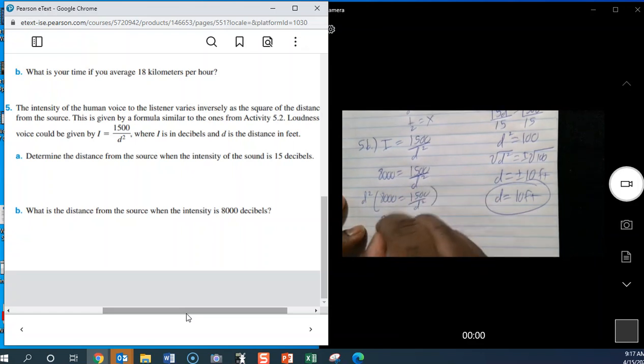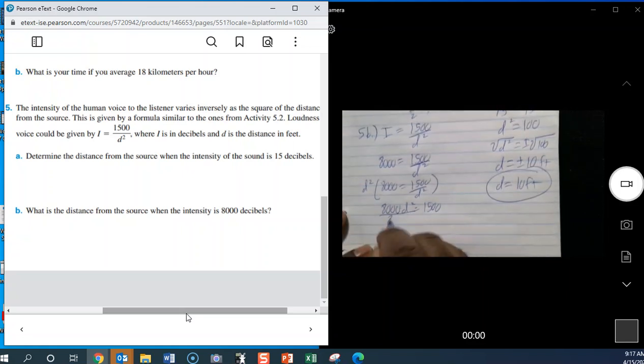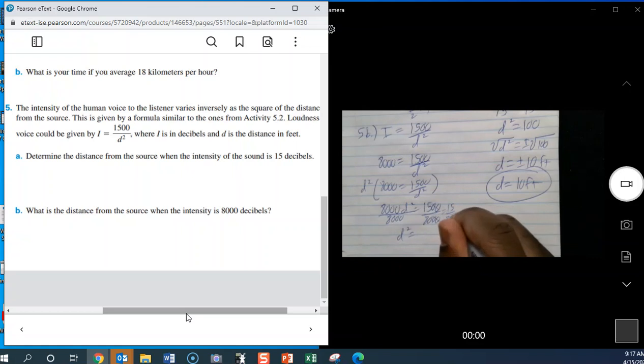So this would be 8,000 d squared is equal to 1500. We divide each side by 8,000, and we have d squared is equal to, now we know both of these can be divided by 100. So that'll give us 15 over 80. Then we could divide both of these by 5, and this would be 3 over 16.